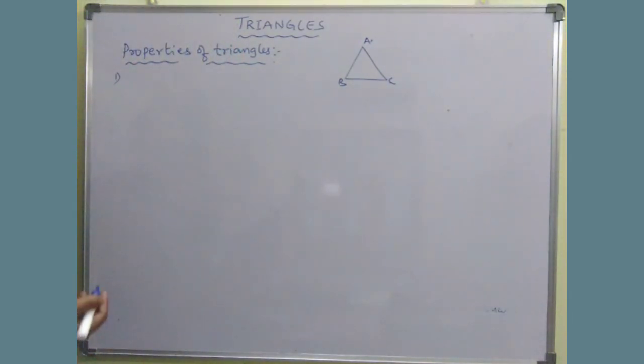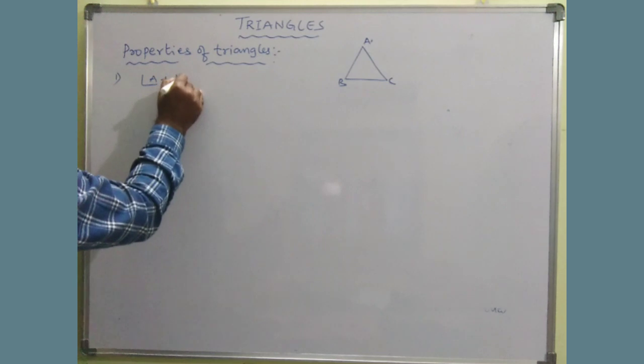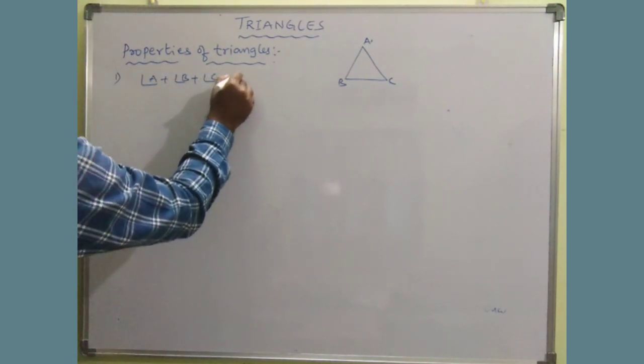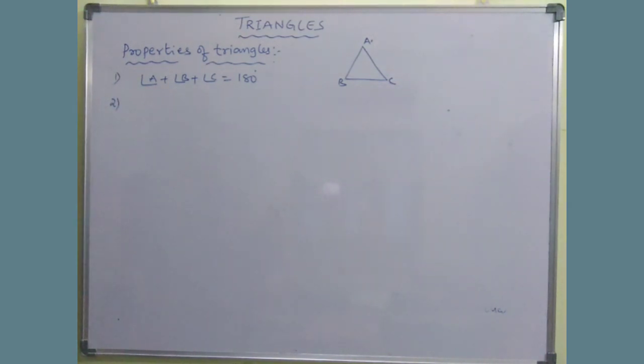Property number one, which we just discussed: the sum of the angles of a triangle is equal to 180 degrees. Coming to property number two, the sum of the lengths of any two sides of a triangle is greater than the length of the third side.